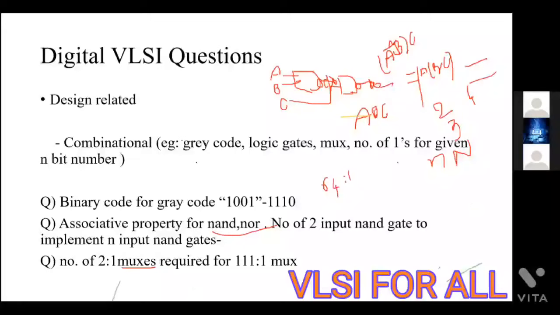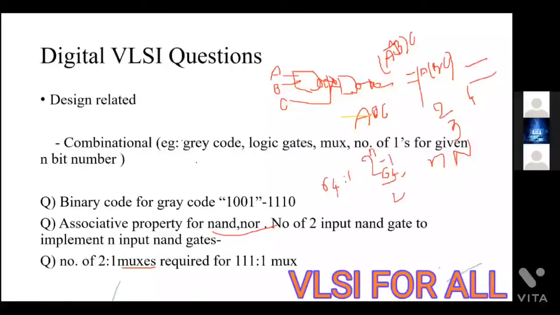You will be doing the normal geometric progression: 64 by 2 plus 64 by 2 square plus so on, 1. So we'll be getting a geometric progression series, and directly you'll have the formula 2 power n minus 1.